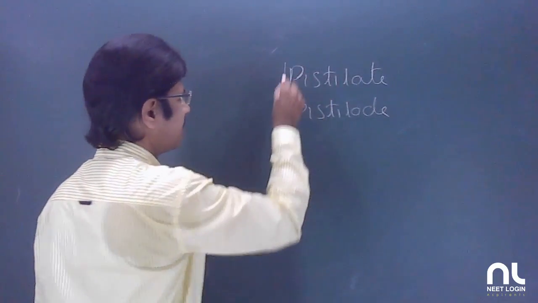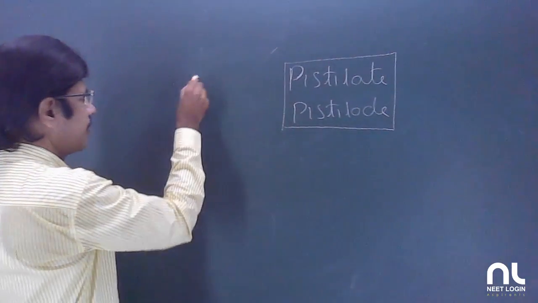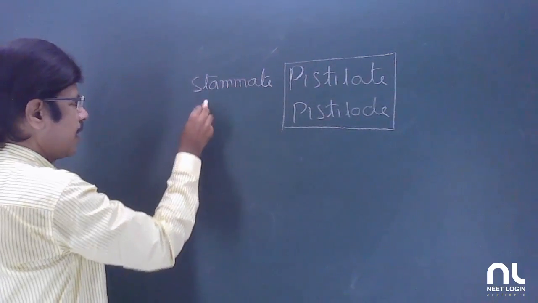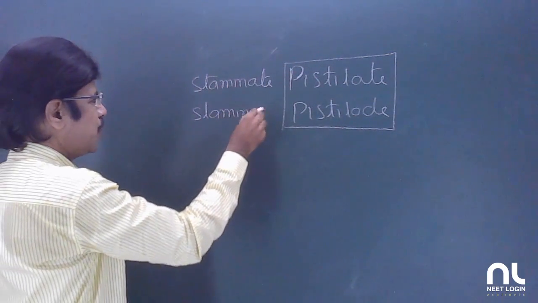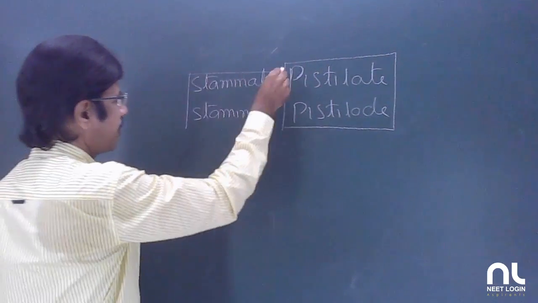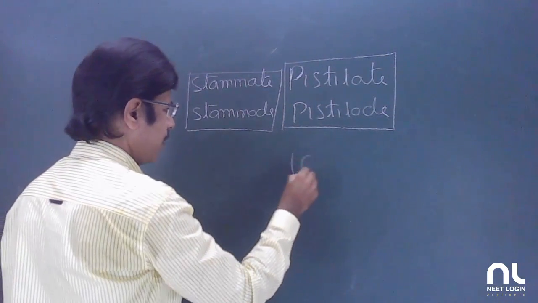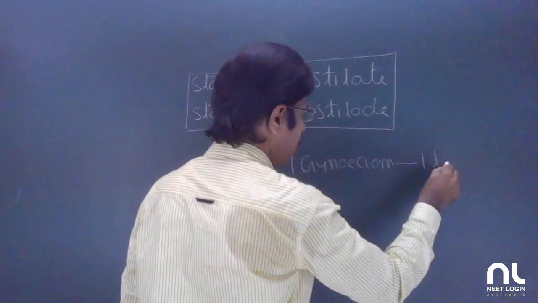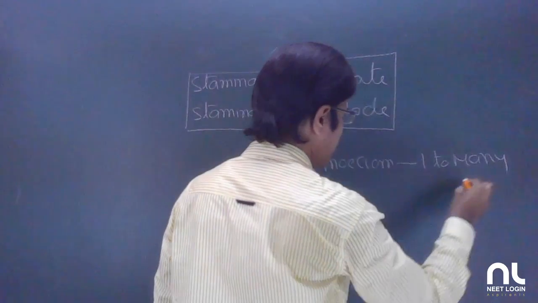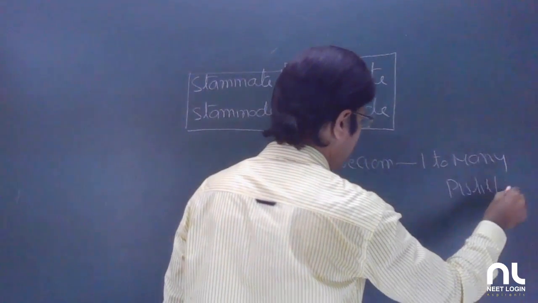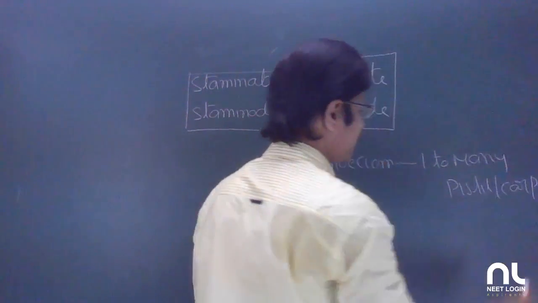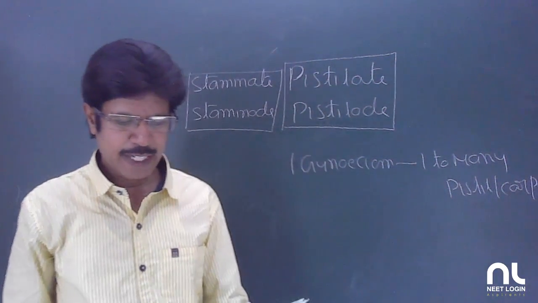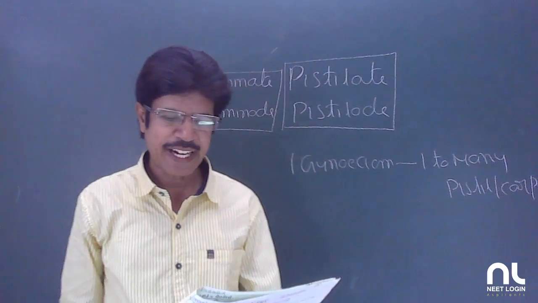Pistillode, staminate, staminode. One gynoecium has one to many pistils or carpels. So pistillate flowers and pistillode flowers are present in the plant.